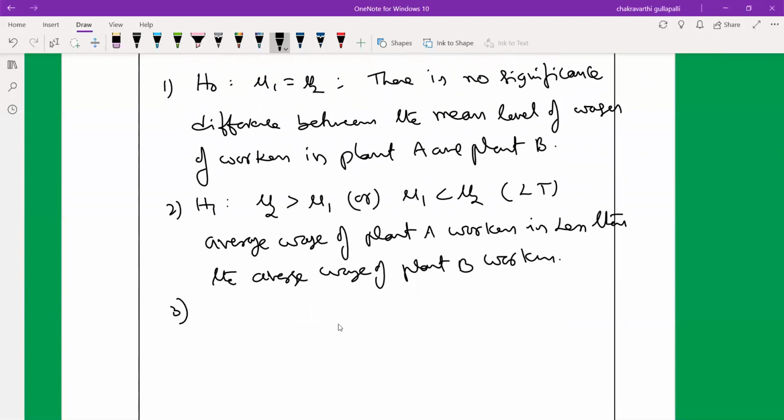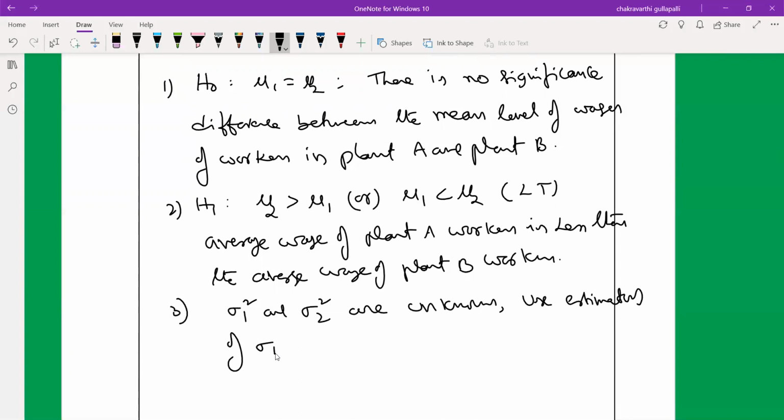Now which case is suitable here? Here sigma 1 square and sigma 2 square are unknown values. Use estimators of sigma 1 square and sigma 2 square.